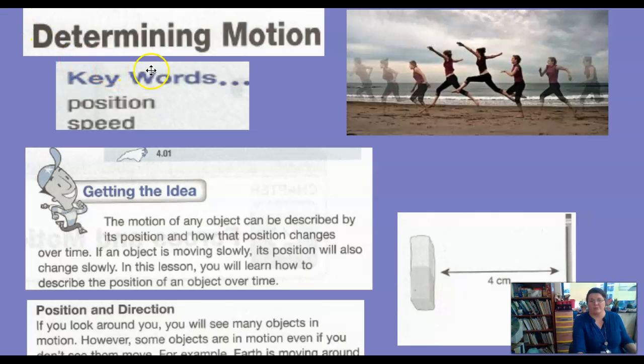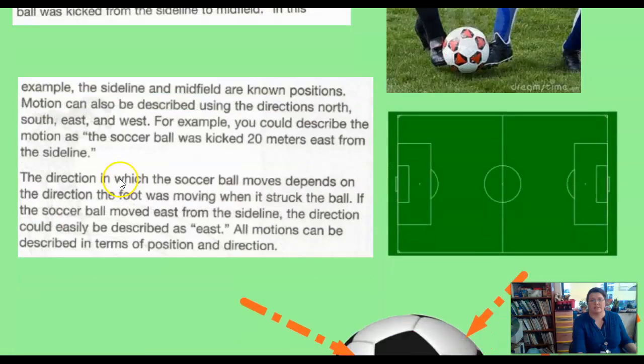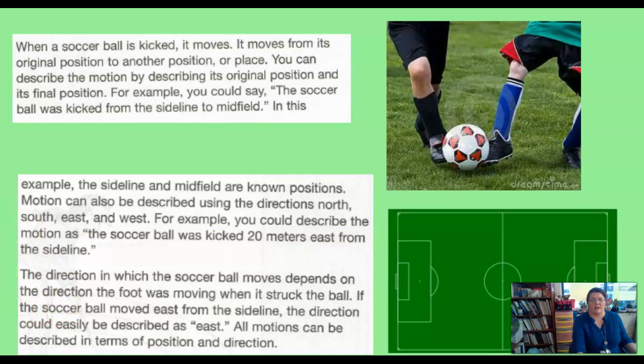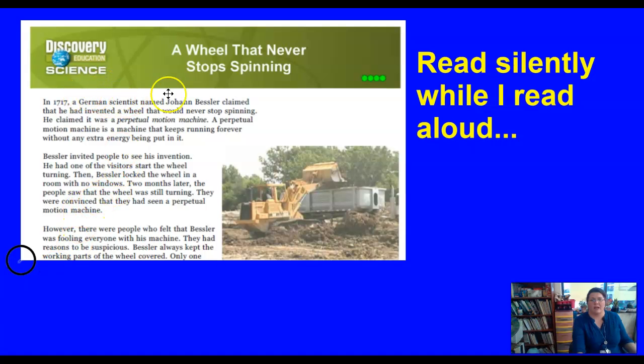I would like for you to take the time to read this article on your own, and then I want you to read A Wheel That Never Stops Spinning, and I'm not going to be reading it aloud to save time on the computer. So please make time to read these 2 articles, especially this one. This one is really good. I really like this one. I would like to know what happened.